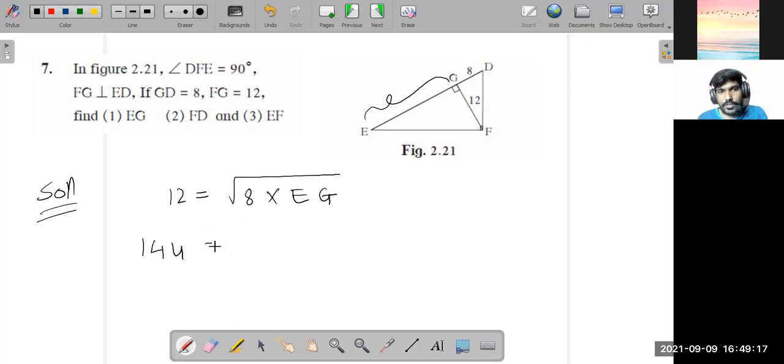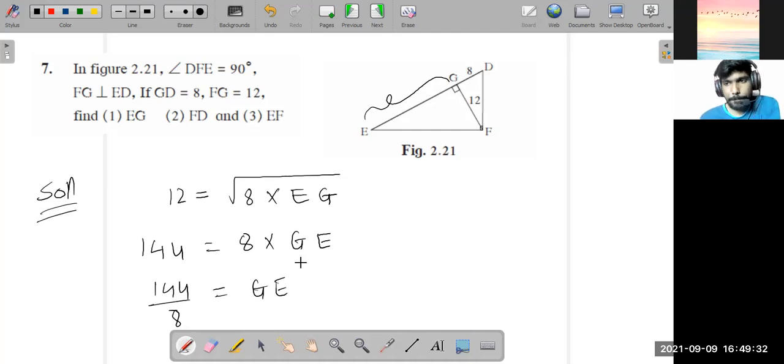So you'll get 144 is equal to 8 into GE. Now take 8 and divide it: 144 divided by 8 equals GE. Do you understand?